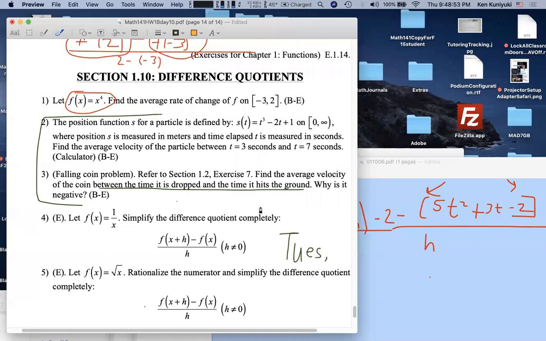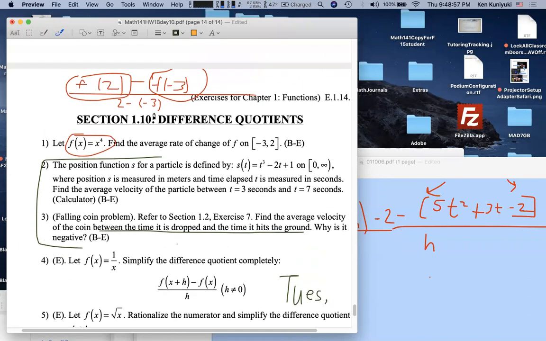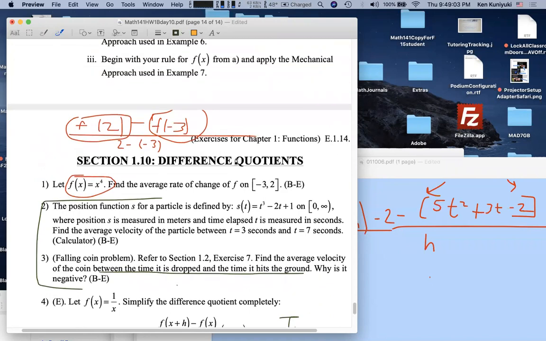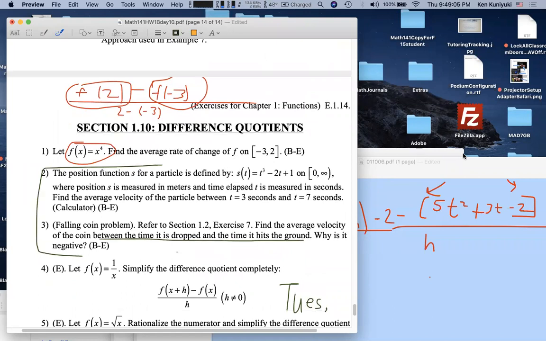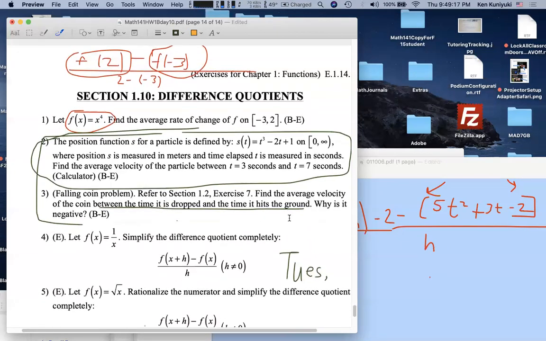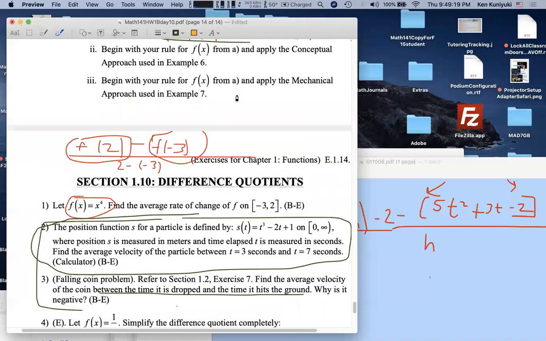Is this 1.10 number 2? I remember. Yeah, that was one I mentioned briefly. Do you understand how to get the difference quotient? Okay. So did anyone want me to do the difference quotient for this one? This is 1.10 number 2. Don't worry about the interval.